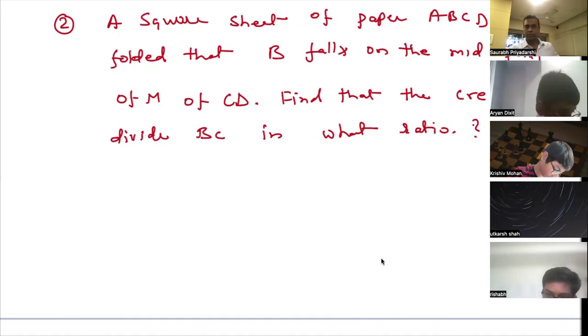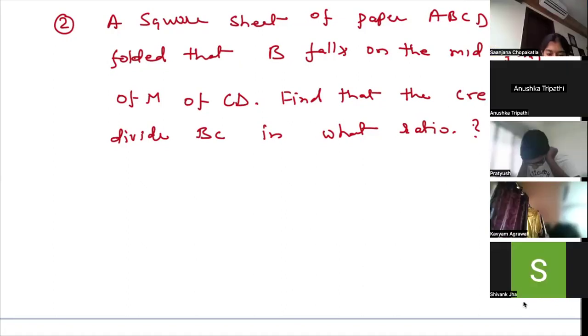Pratyush. Sanjana. Diagram, beta, diagram. Okay, take your time.